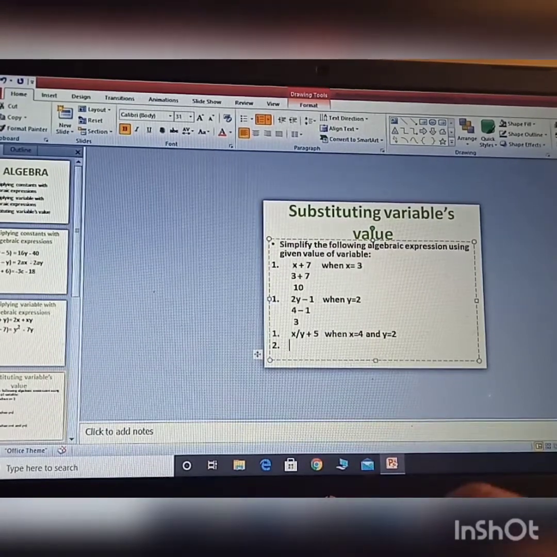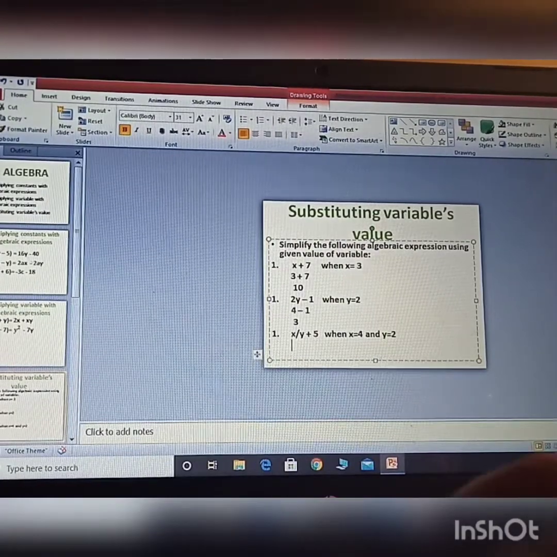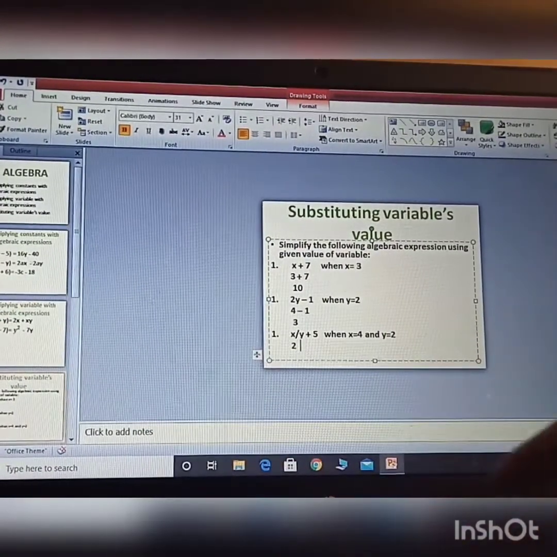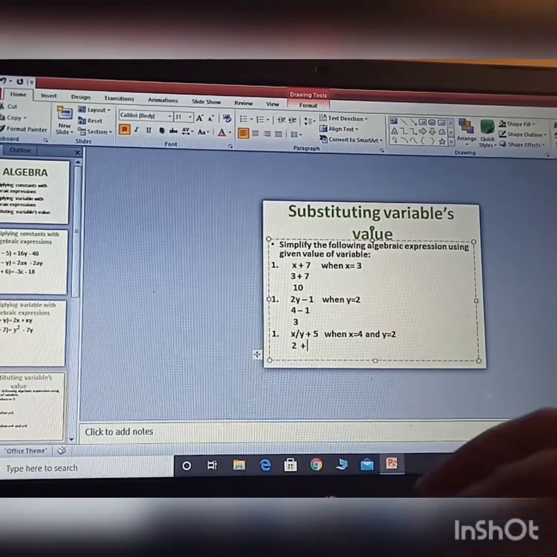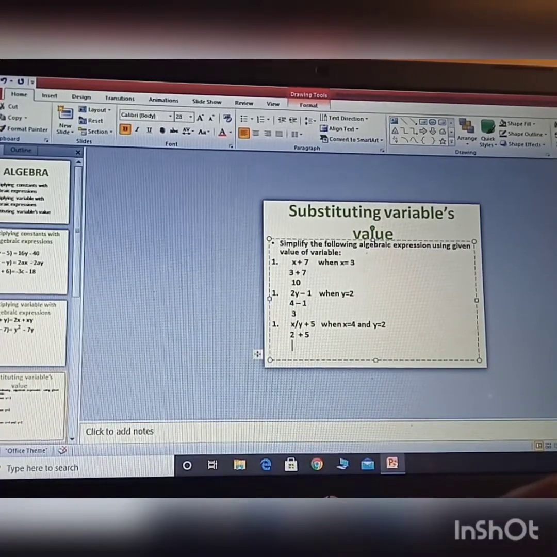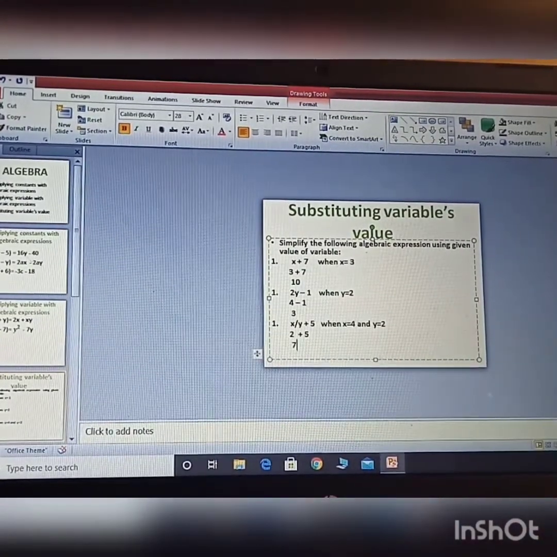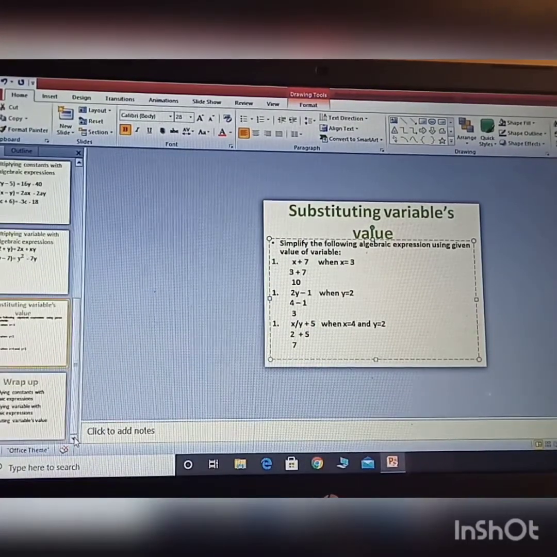Do it mentally. 4 divided with 2, it gives you a 2, and it will be added to 5. So answer is simply a 7. So this is how you are supposed to substitute the values. This is done, the last target for this lesson.